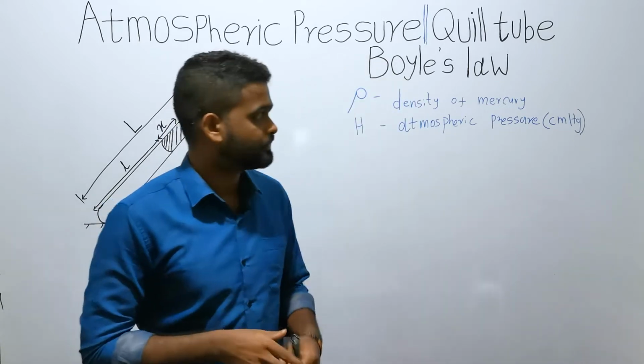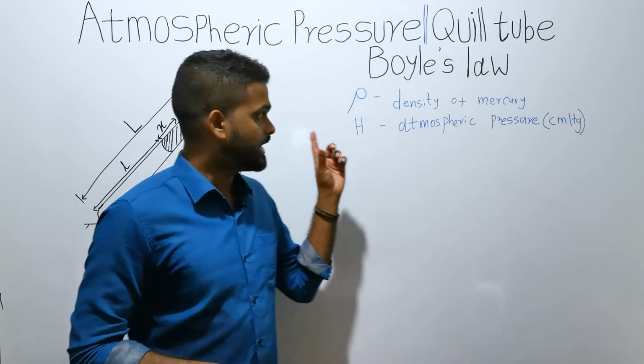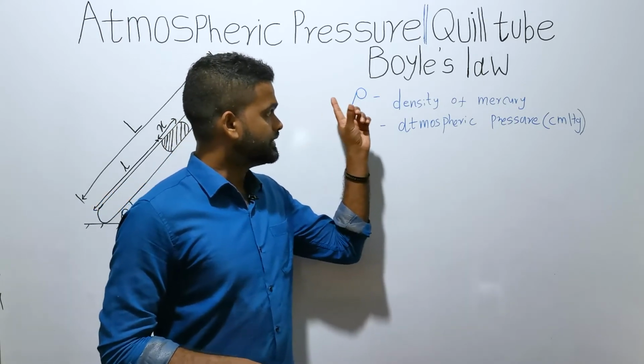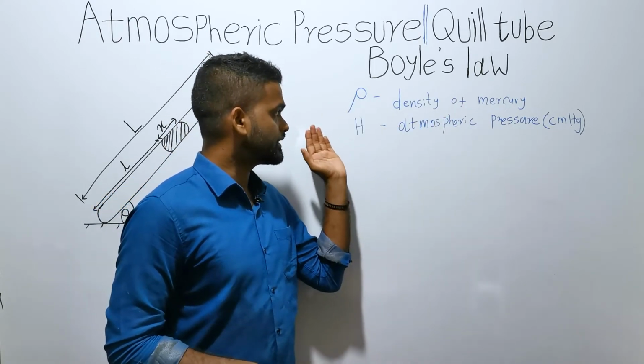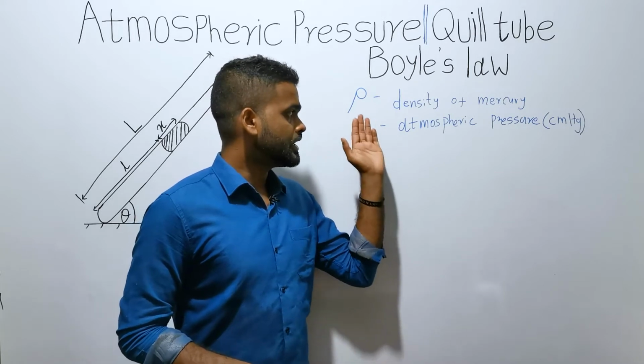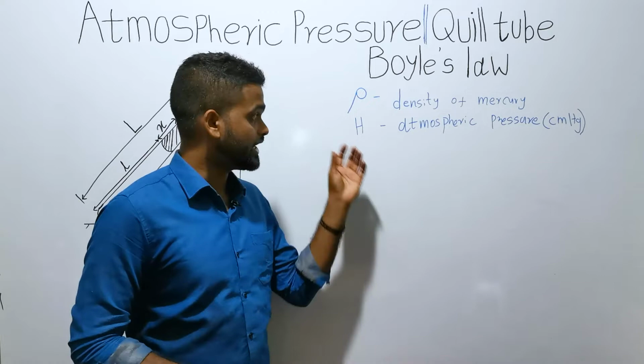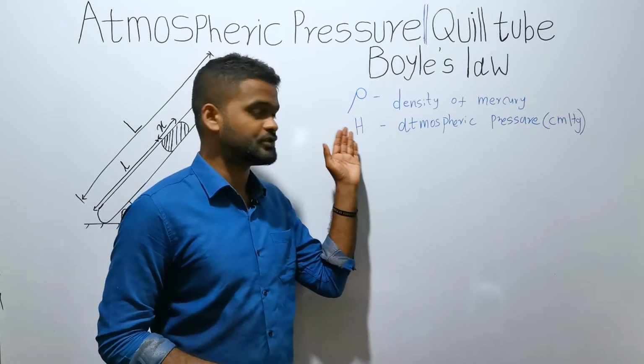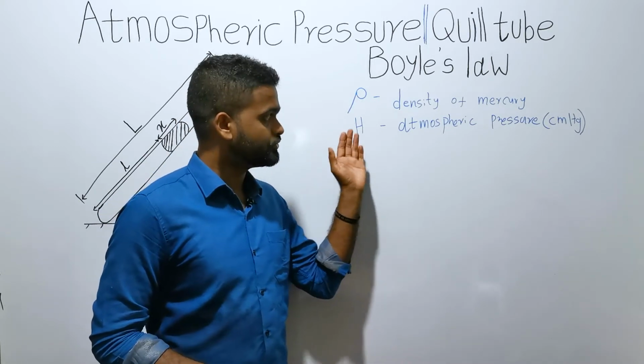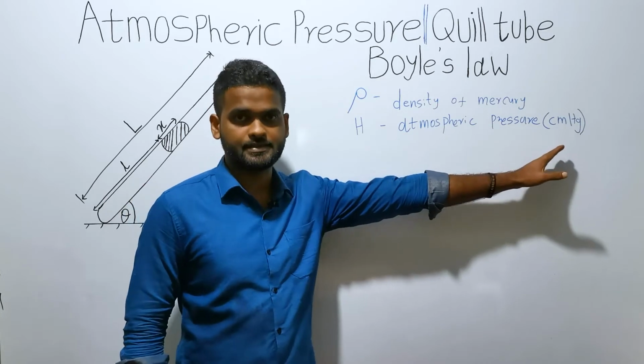Additionally, we need the density of mercury, and capital H, the atmospheric pressure. What we are going to measure is the atmospheric pressure, capital H. Capital H should be in mercury centimeters.